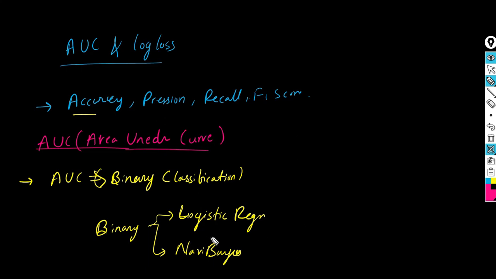and other models also. From these models we will get probability. Once we get the probability, we set some threshold value, generally 0.5. By taking the threshold value, if the probability is less than 0.5, we classify it as a negative point, which we call 0.